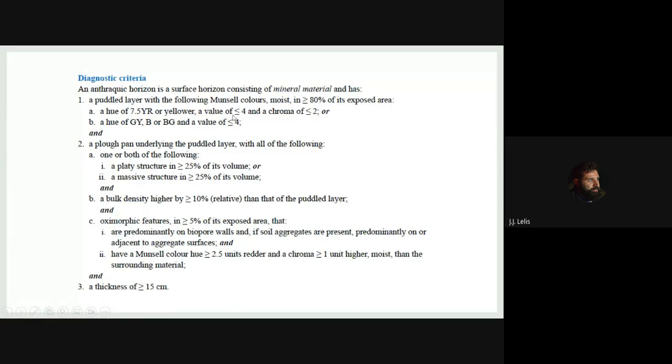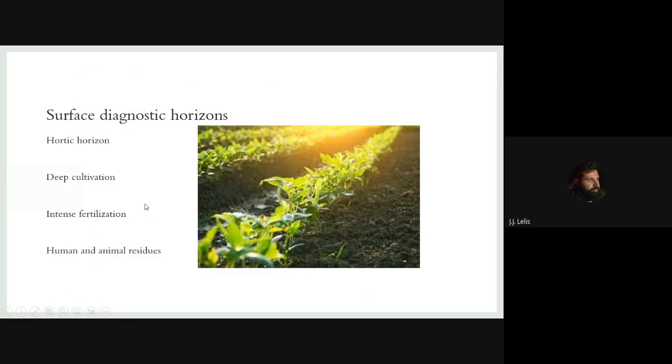Okay, we have low value and low chroma. It should present a platy structure or a massive structure, and we did not present this. Okay, so it's not an anthraquic horizon.